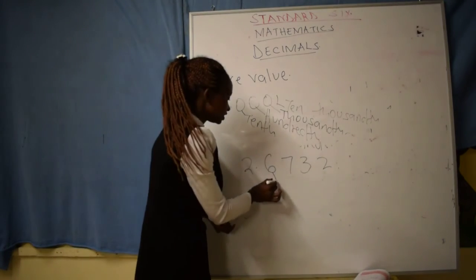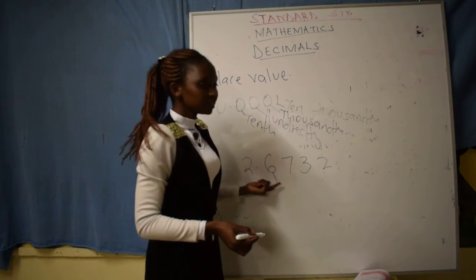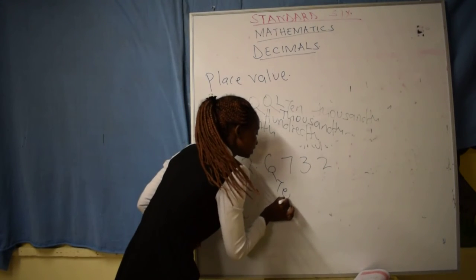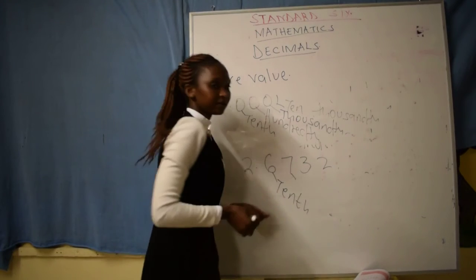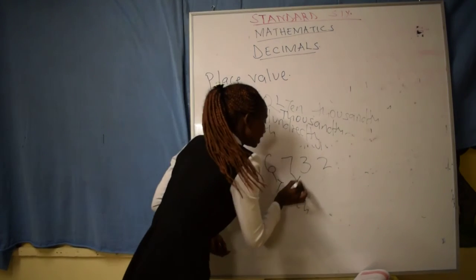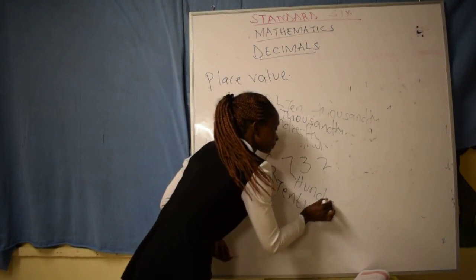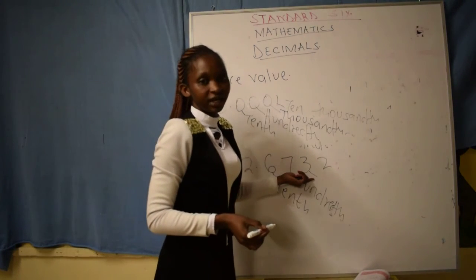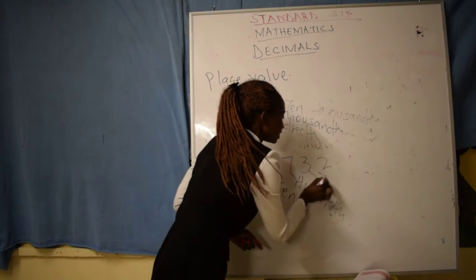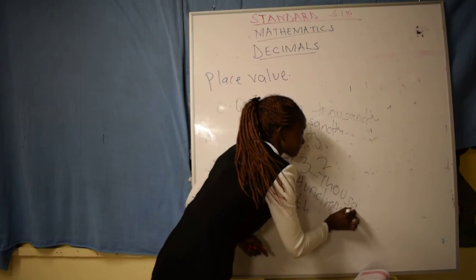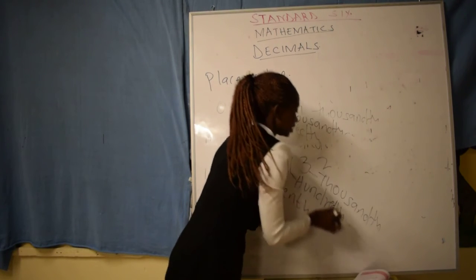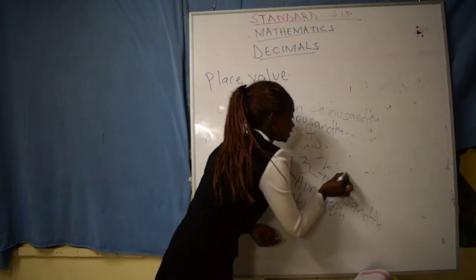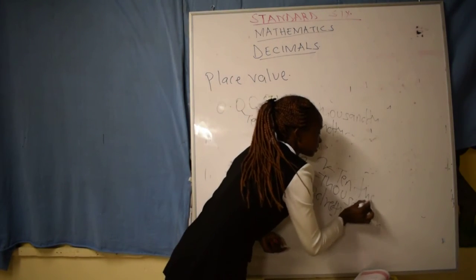The first digit here, which is 6. What is the place value of digit 6, class? Tenths. Very good. The second? Very good. Hundredths. That is digit 3, class. Very good. Thousandths. And lastly, digit 2. Ten-thousandths. Absolutely right.